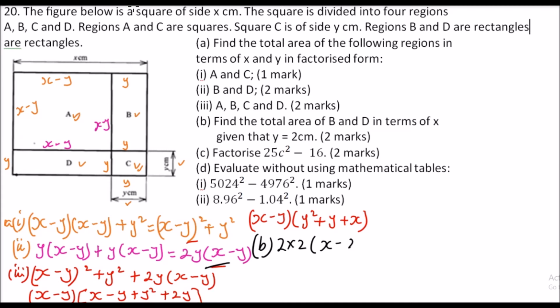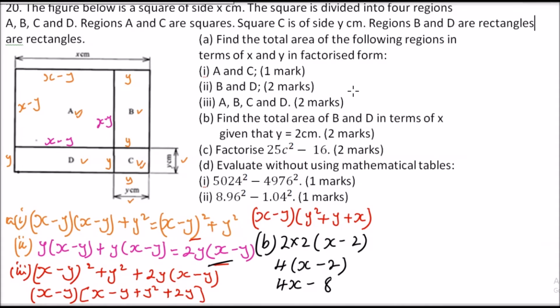You open the bracket, this will give you 4 into bracket x minus 2. And when you open the bracket, you find it is 4x minus 8. So that is the area of B and D in terms of x, given that y is equal to 2.